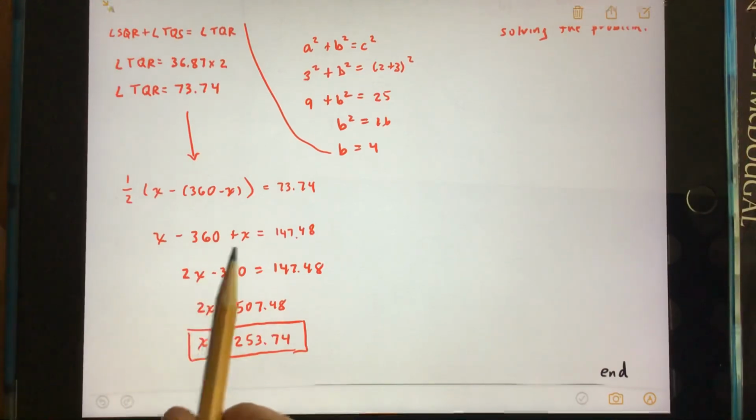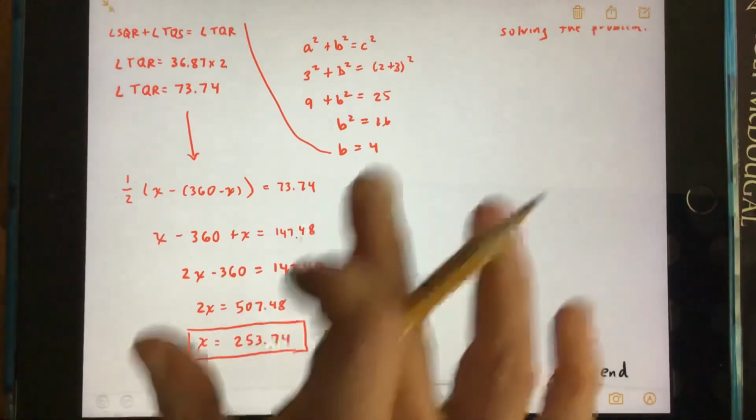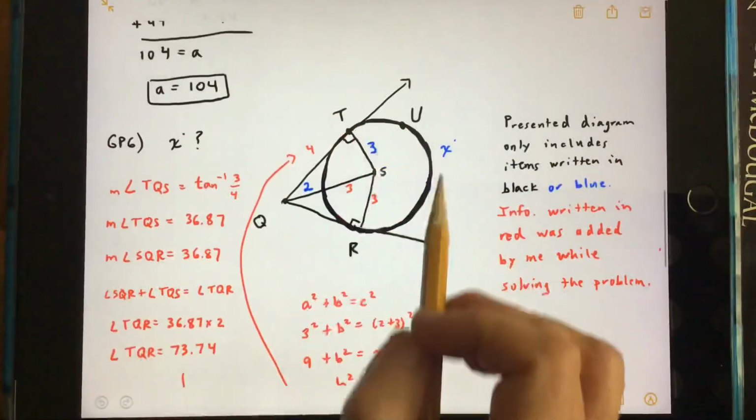Then I'm going to combine my like terms. x plus x is 2x. I copy my minus 360, bring down my 147.48. Then I'm going to add 360 to both sides and get 2x equals 507.48. Then I'm going to divide both sides by 2, and there is the arc measurement that I'm looking for, 253.74 degrees. That is this arc here.